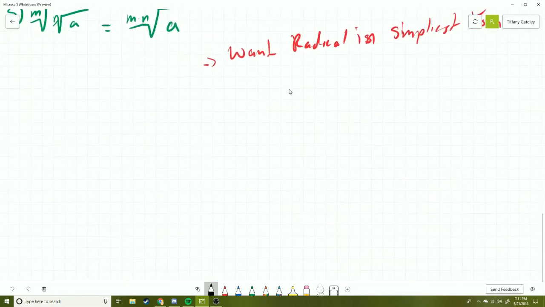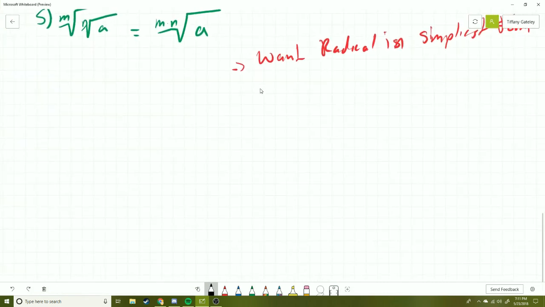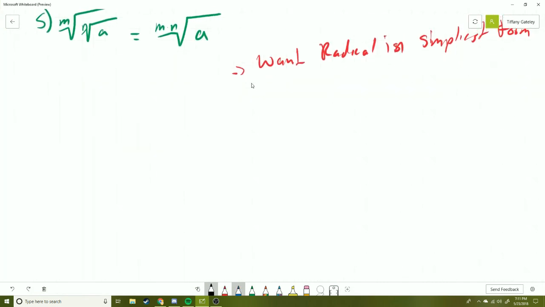Let's do another example. So let's look at the fourth root of 144. So we're looking for four numbers that are the same when we multiply.